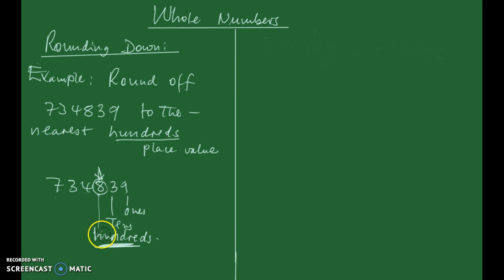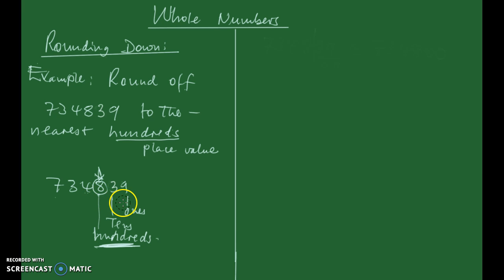This is the digit which will be affected. 4 stands for thousands, 3 for 10,000s, and 7 for 100,000s. So let's have a quick recap about the place value of a whole number: ones, tens, hundreds, thousands, 10,000s, 100,000s, million, etc. All right.